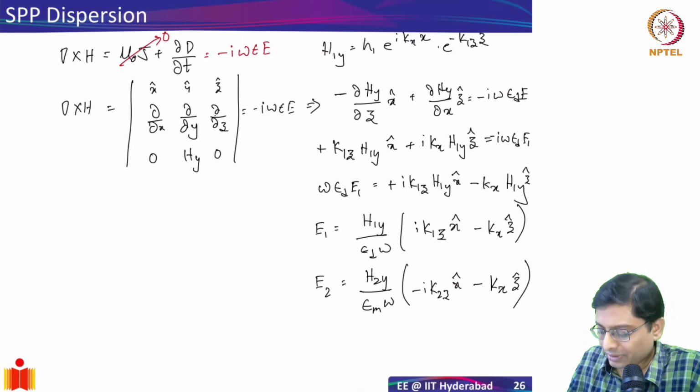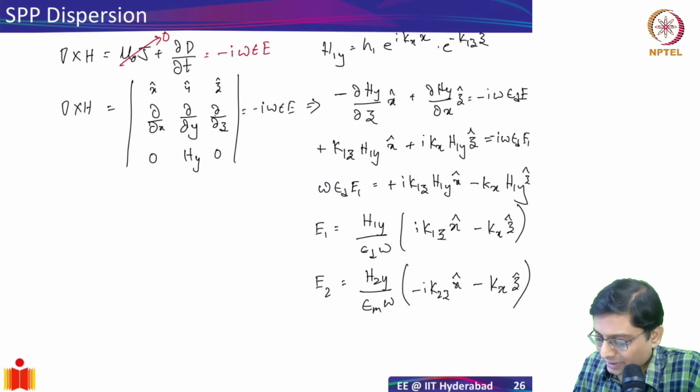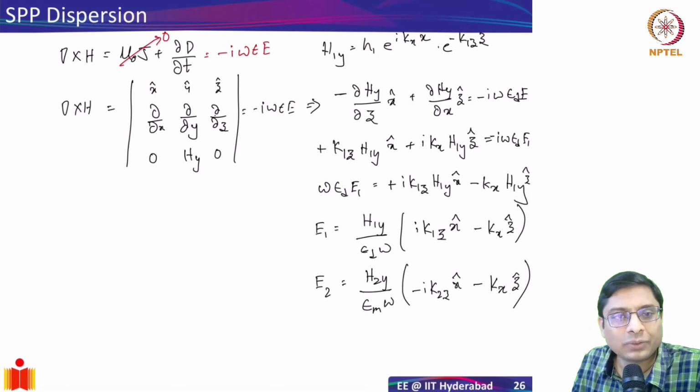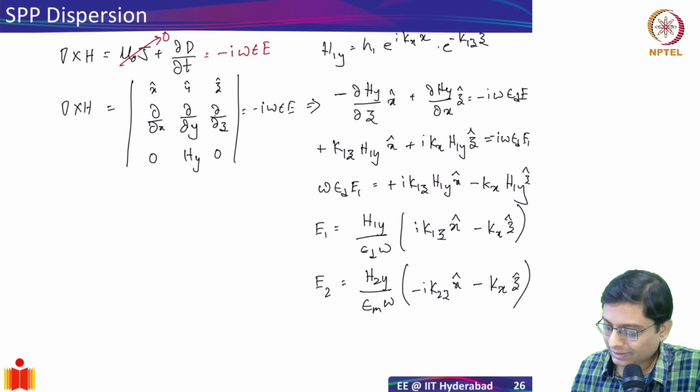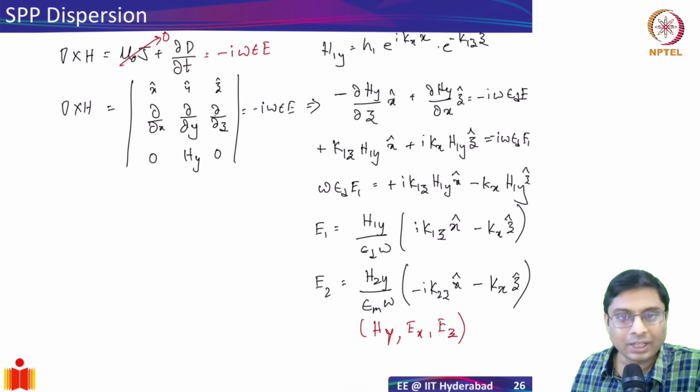One of the important features that I want you to recognize is that we started out with the magnetic field in the y direction, but if you look at the electric fields, it's only in the x and z directions. Okay, that's a nice feature. So basically your combination of hy, ex and ez are essentially solutions for TM.